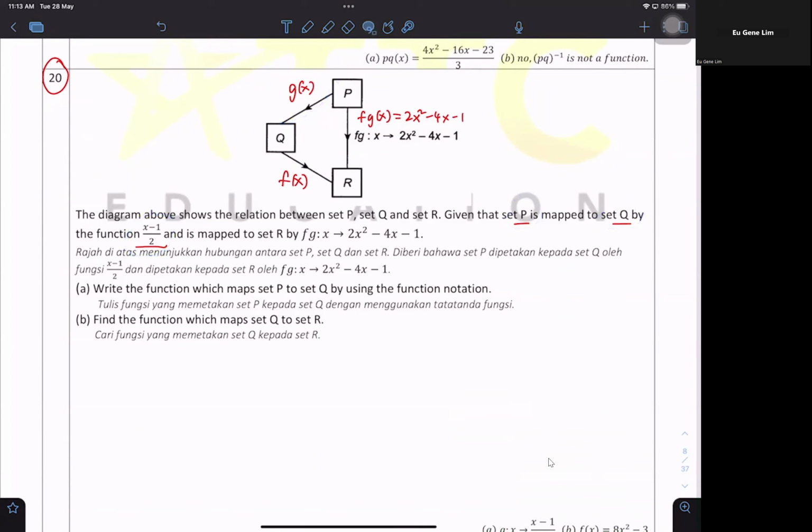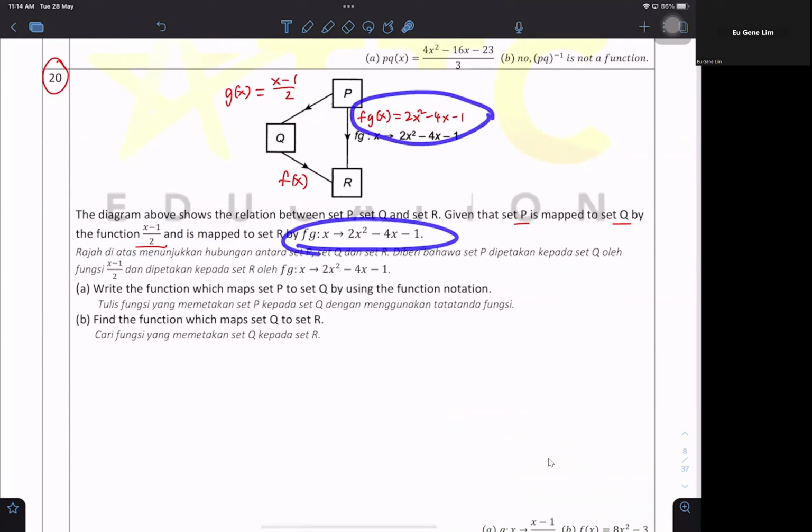So g(x) is (x minus 1) over 2. This part is this function. And then mapped to set R by this function. This one, no need. This one is actually the same.